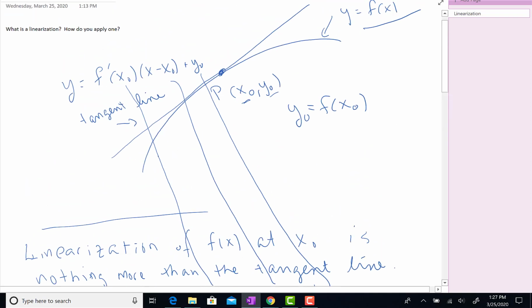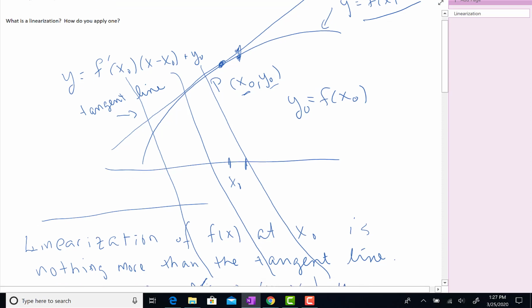So if we have a given x0 and an x that's close by, there's not too much difference between the value of the function and the y-coordinate on the tangent line.